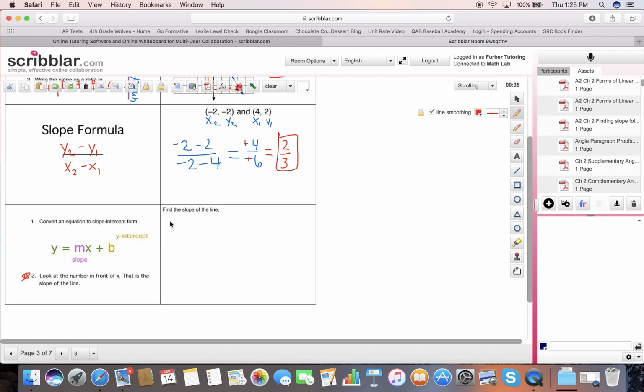If I'm given an equation like this, and I want it to be in slope-intercept form, I need to solve this equation for y. So in order to do that, I am going to add the 7x to the right side, so it goes away from the left side.